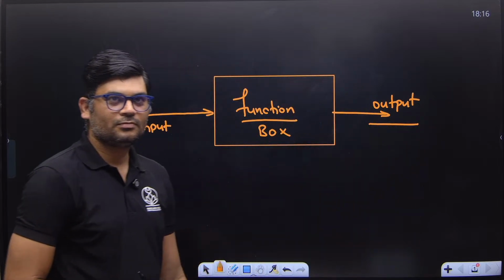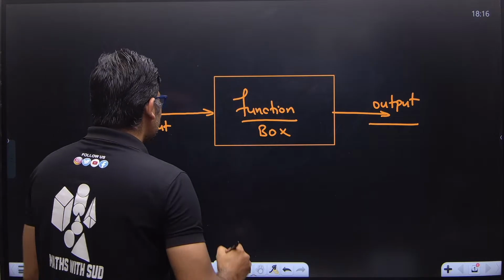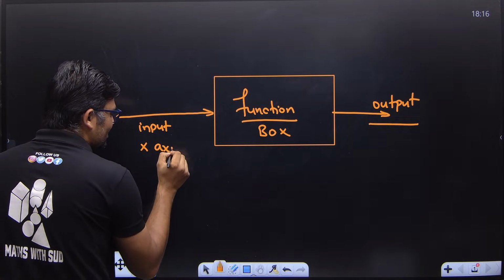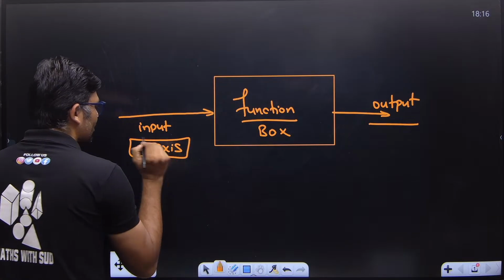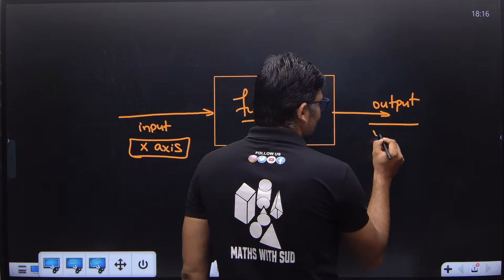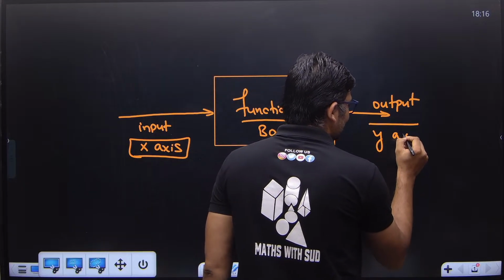Understood? The input is represented on the x-axis, and after the function, what we get are the values on the y-axis.